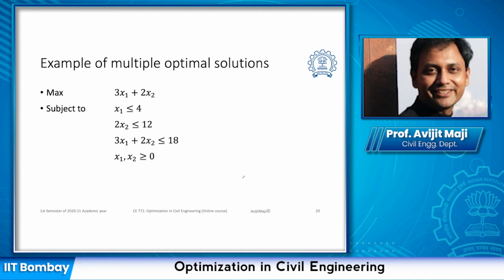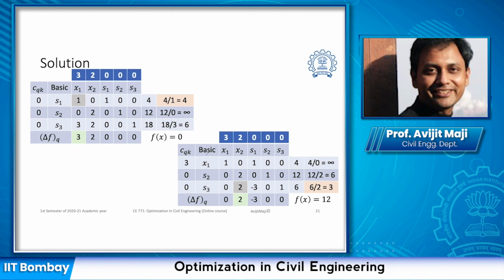Here is an example. This is for the multiple optimal solution. If you try to optimize this particular problem, you will see that it has multiple optimal solutions. Once you form the tableau based on this problem, you will see that the first tableau will lead to this tableau, where x1 is entering and s1 is leaving.